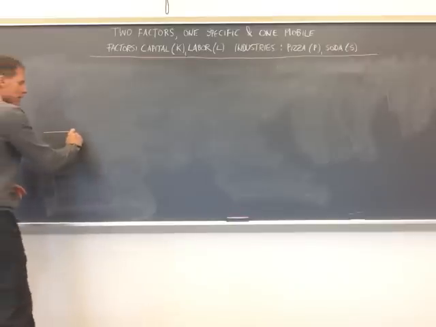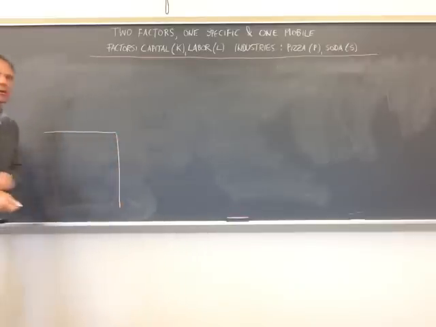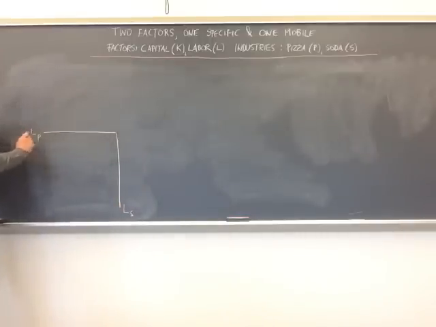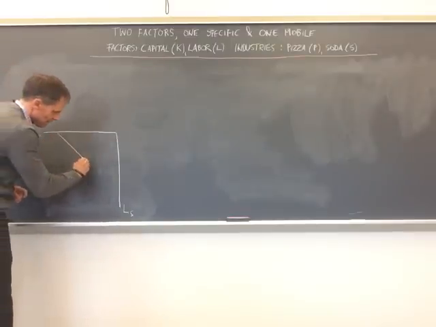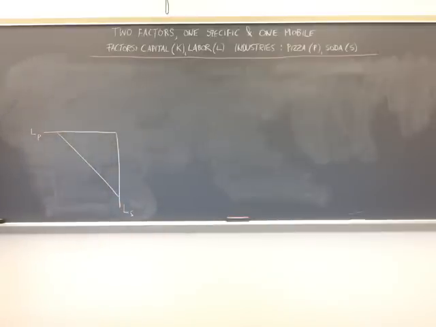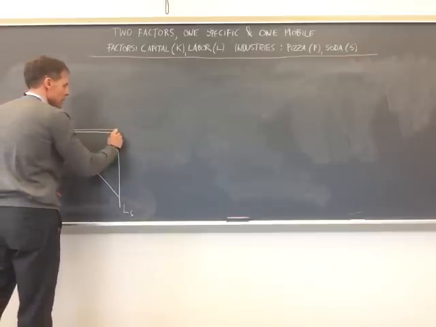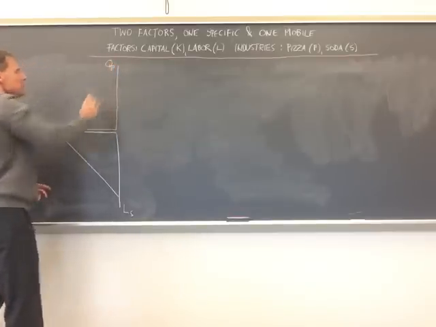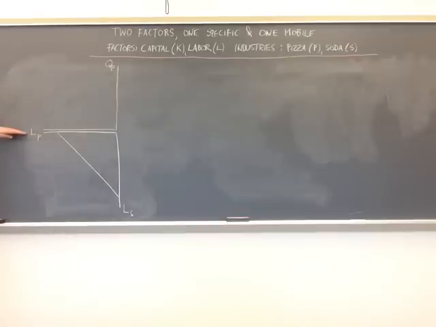So if we had our labor constraint, but let me put it kind of upside down. You still with me? And then I'm going to draw my production function for pizza right on top of the labor in the pizza industry axis.